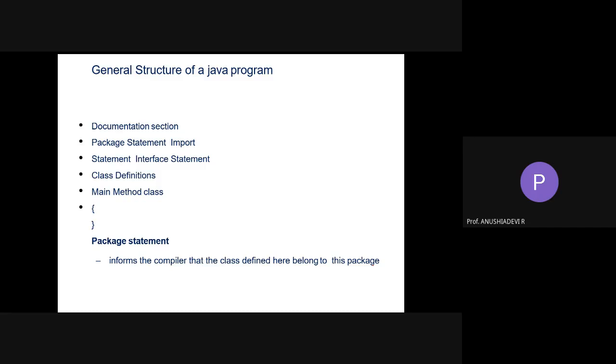We will see what a package is later. You know what a header file is in C++, no? Yes, ma'am. This package is similar to that header file. We can create our own package and import that package whenever and wherever we need.